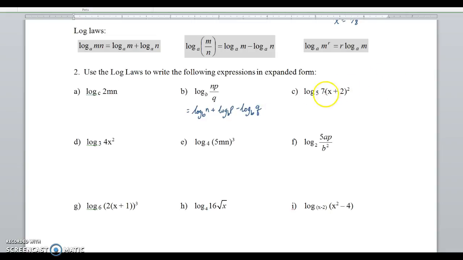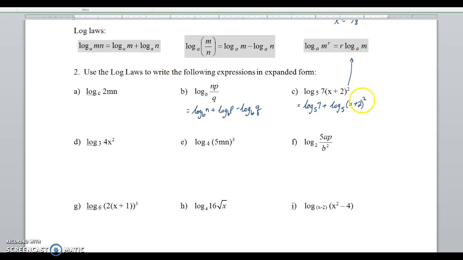When we talk about the next one, there's two things going on here. We've got a multiplication of 7 times the bracket and an exponent on the bracket, which we're going to handle using the property up above. So first, split the multiplication into the addition of two separate logs: log base 5 of 7 plus log base 5 of (x plus 2) squared.